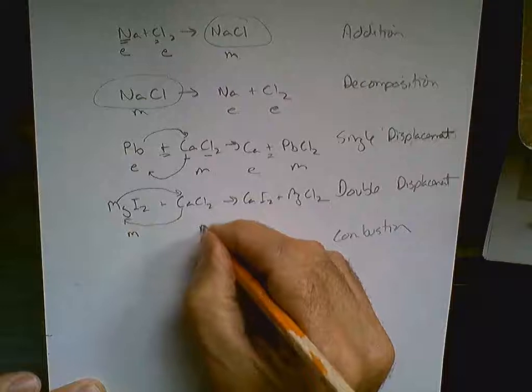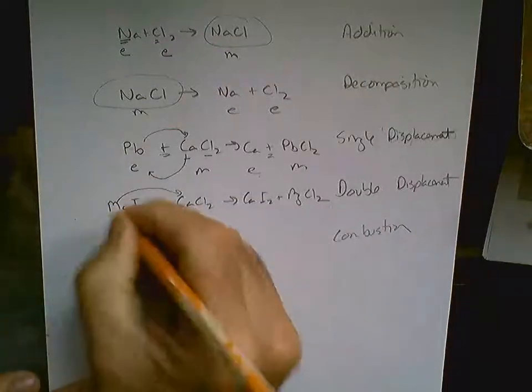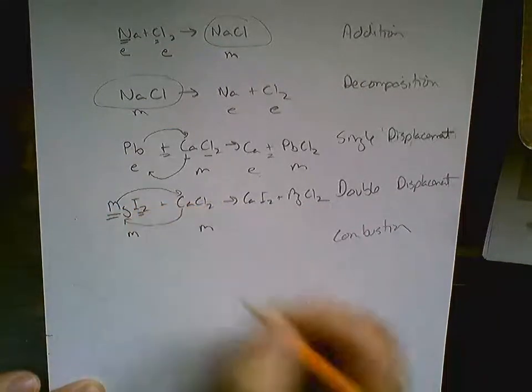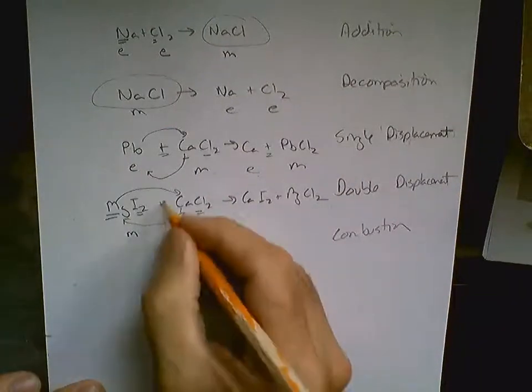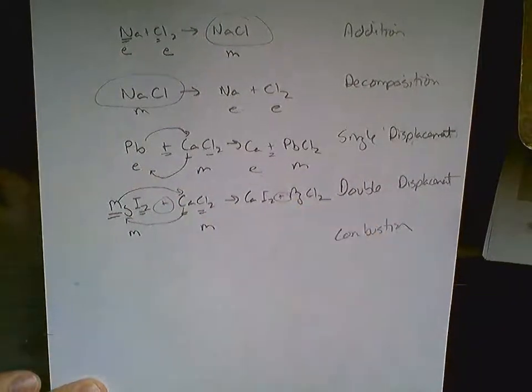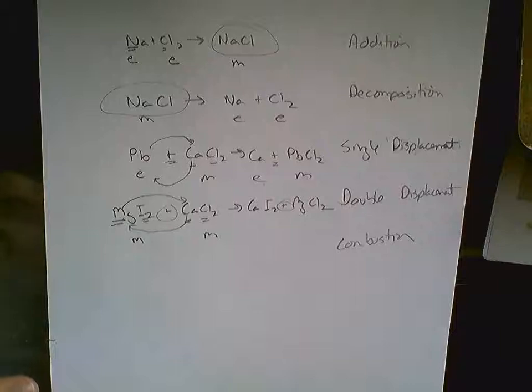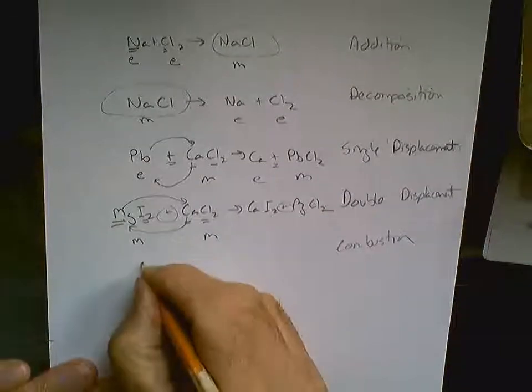Here you have a molecule and a molecule. And once again, how do you recognize you have a molecule? You have more than one type of capital letter there, more than one type here. You'll have plus signs on both sides of the reactants and products, and you'll have two molecules. Folks, follow these simple rules and you're going to be fine.